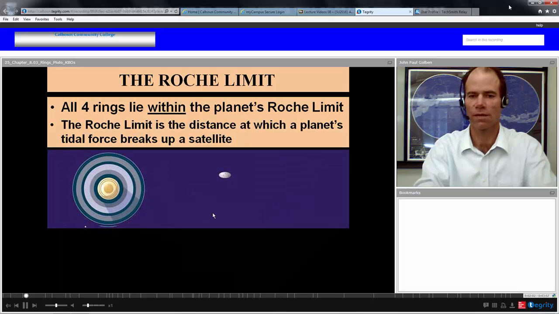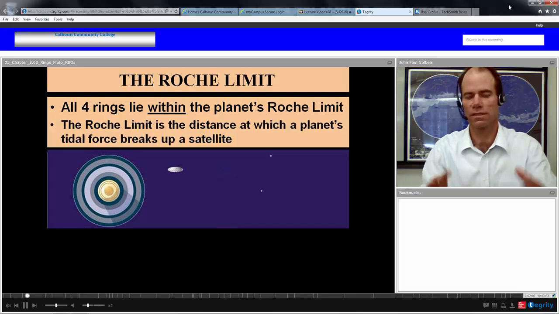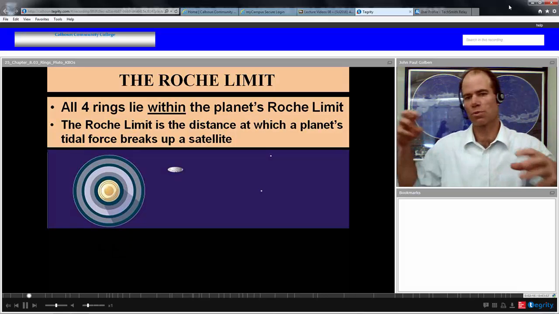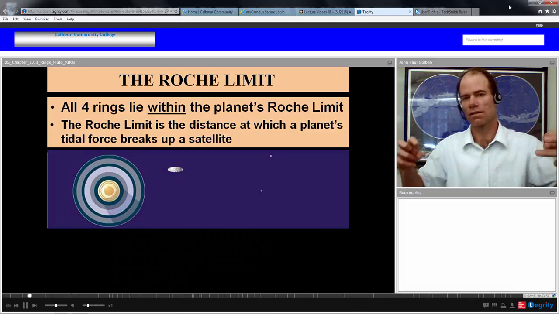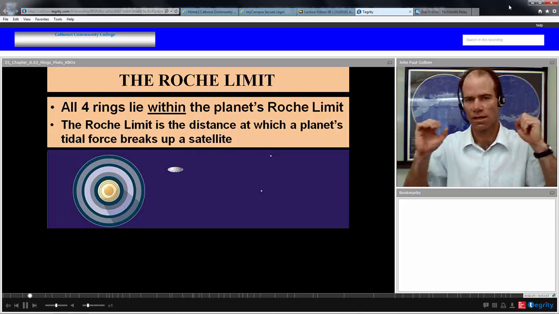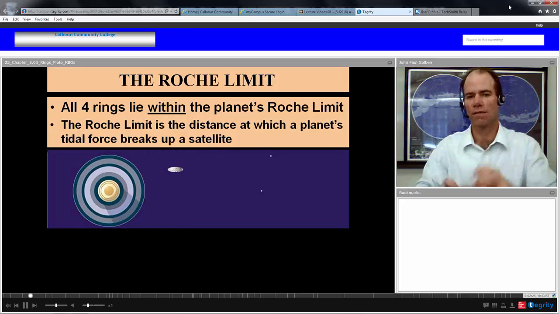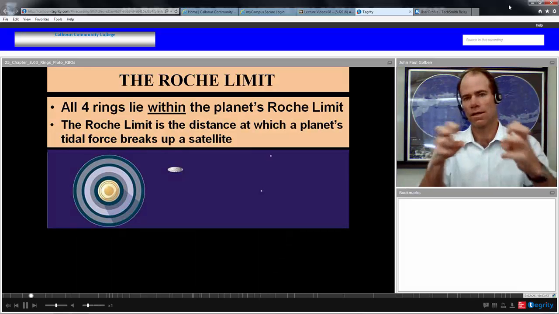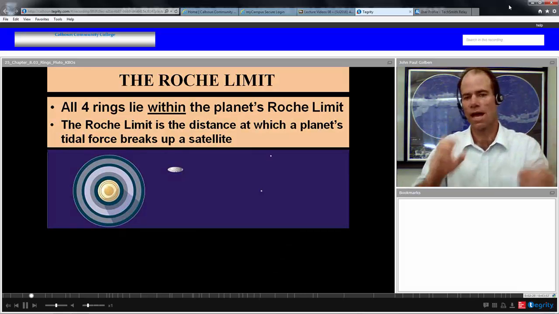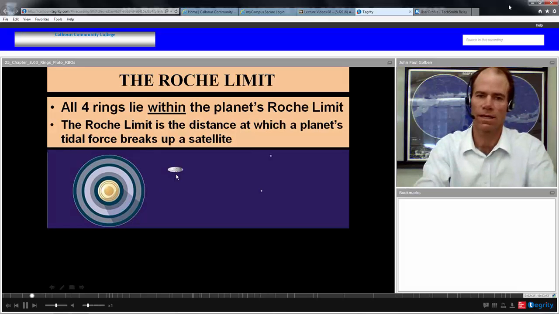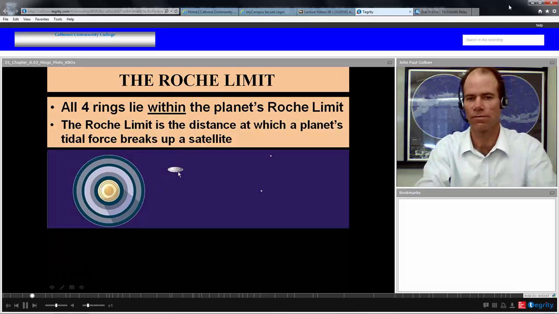As the satellite moves in, maybe over time, and gets closer to the planet, it will then receive more of a differential gravity force. In other words, parts of the planet will be pulling on it on one side, part on the other side, and so instead of just having a full gravitational force on the object, it will be pulling in relation to the size of the object, and that will cause a flex on the object itself.